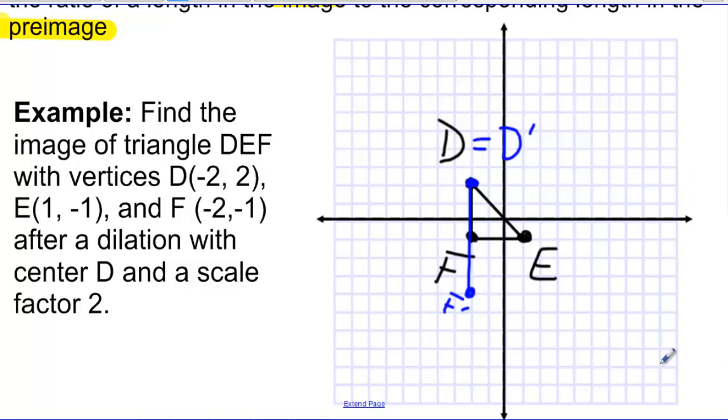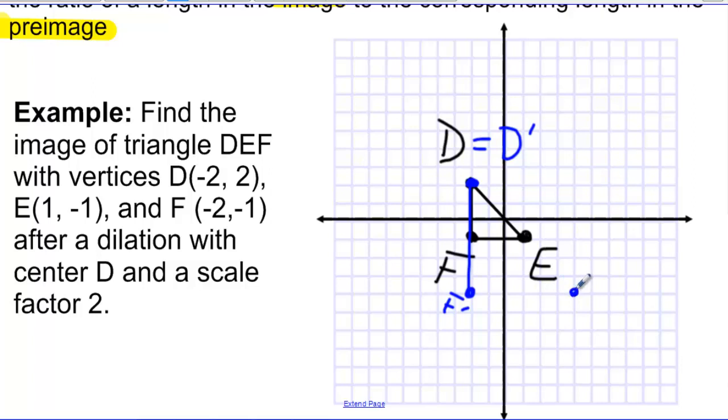Now, my other side length right here, I can also just count squares because it is a horizontal line. And so I need that one to become twice as long as well. And you can see it starts out at 1, 2, 3, and so it needs to be 6 units long as well. So I need to count over from my new image point, F prime, 6 units. 1, 2, 3, 4, 5, 6.